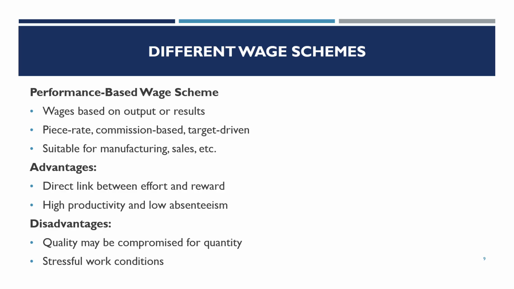The second wage scheme is the performance based wage scheme. This model ties the compensation directly to output. Think of it as you get what you produce. This scheme is mostly used in manufacturing, sales, or target-driven roles, generally in marketing-based organizations.